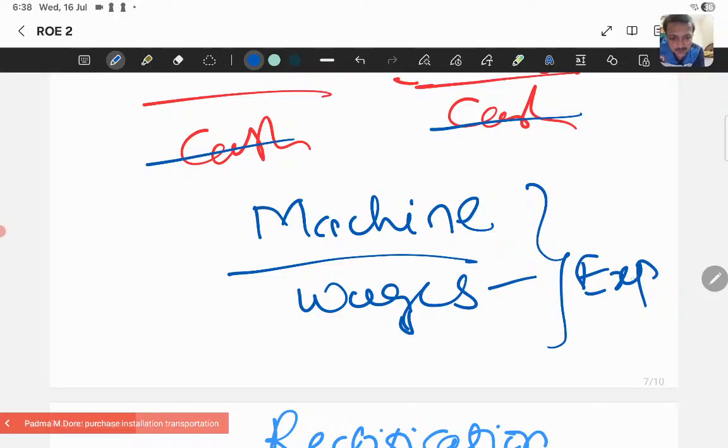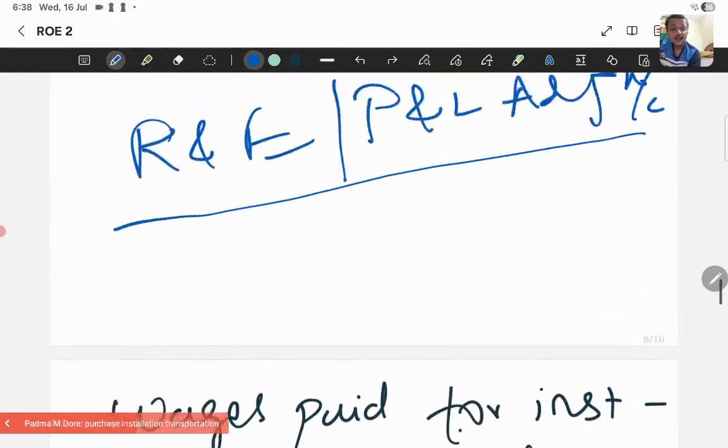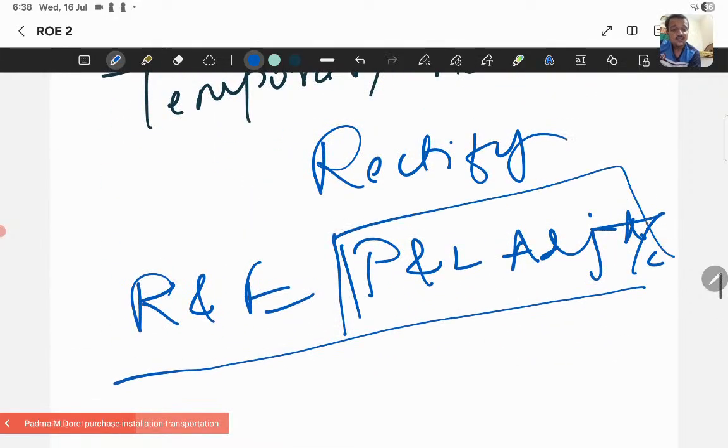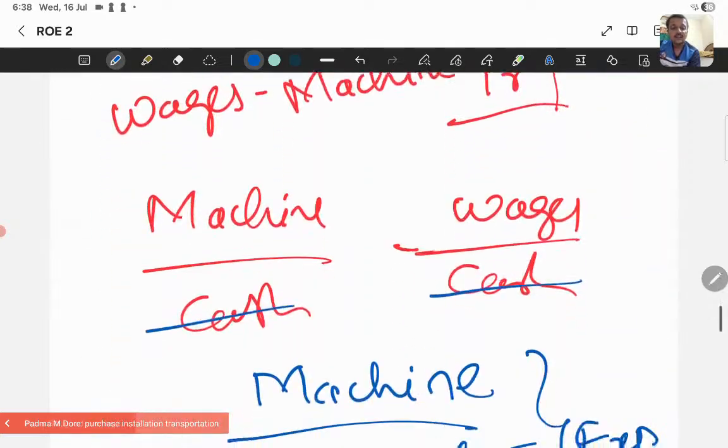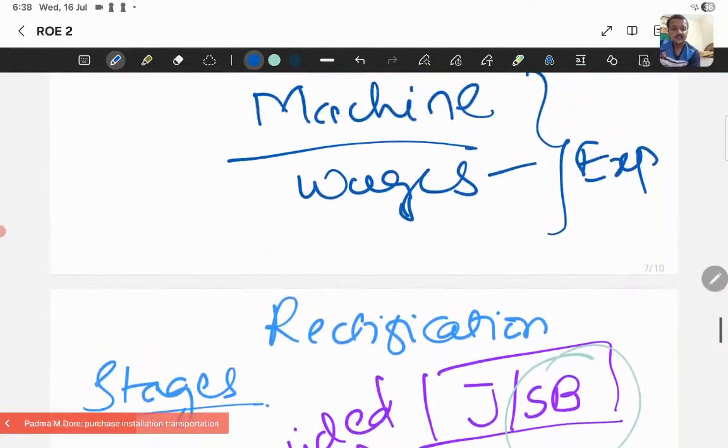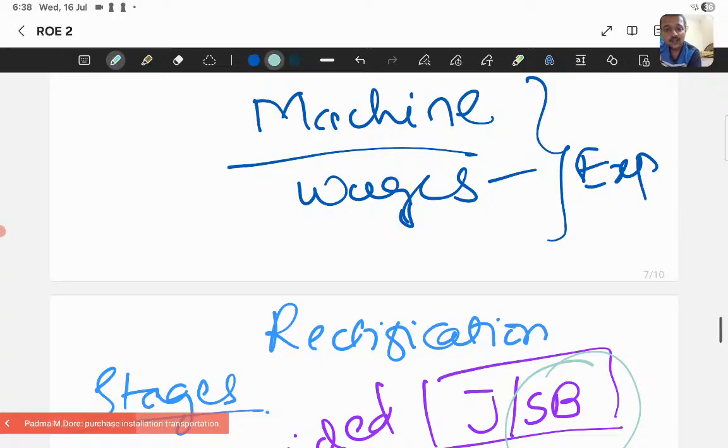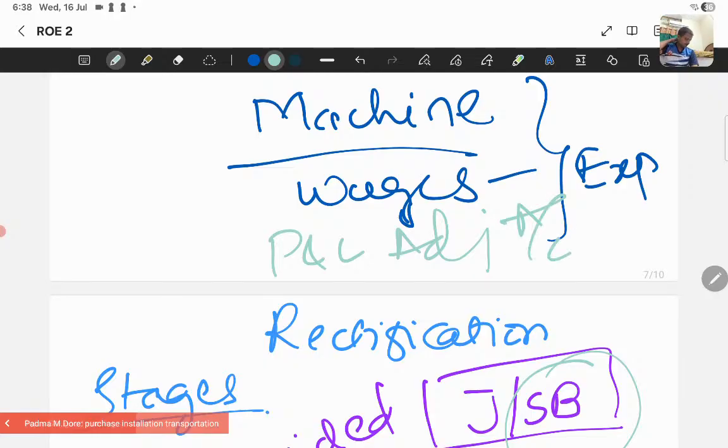Now, the expense has to be replaced with what I said, an account named profit and loss adjustment account. That's why the expenses will be now replaced with profit and loss adjustment account. Wherever expenses and revenue account appears, that has to be replaced with P&L adjustment account.